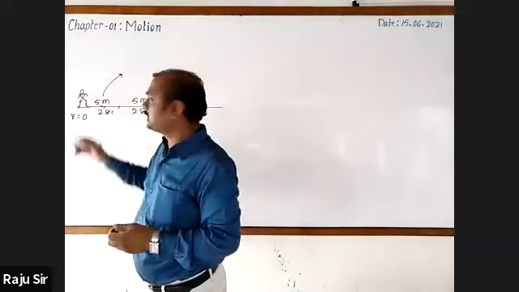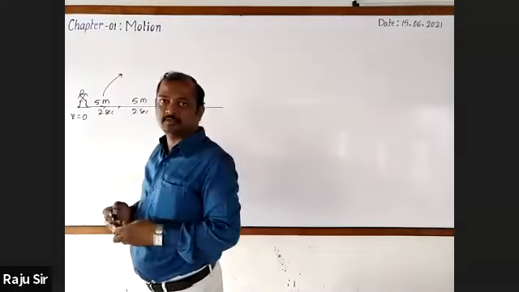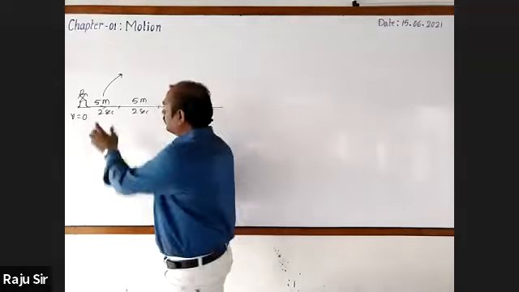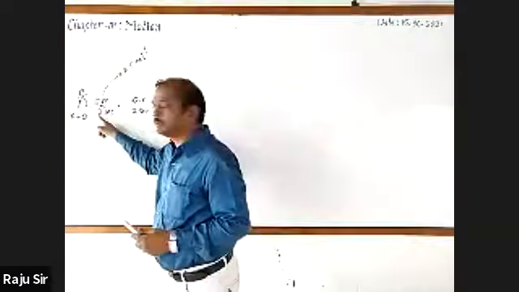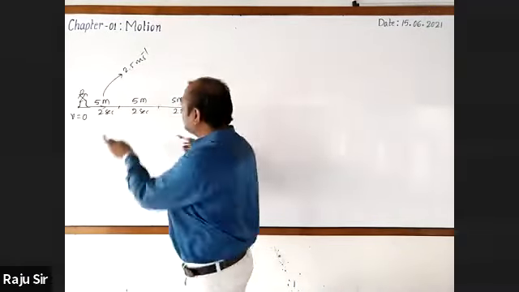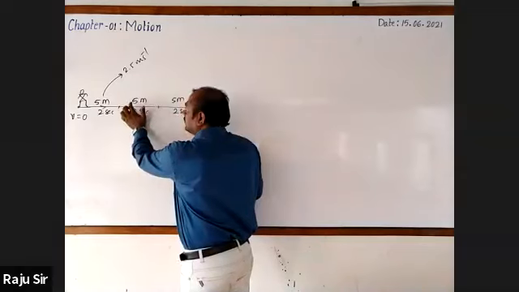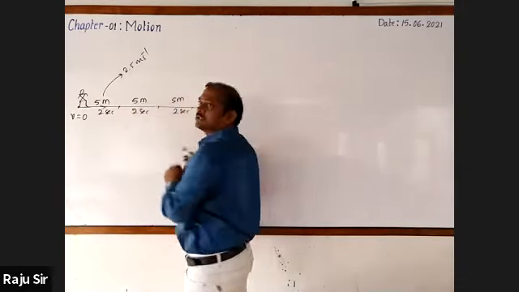What is the speed with which he has moved in the first case? 2.5 meter per second. 5 by 2 is 2.5. In the next, again he covers 5 meters in 2 seconds.